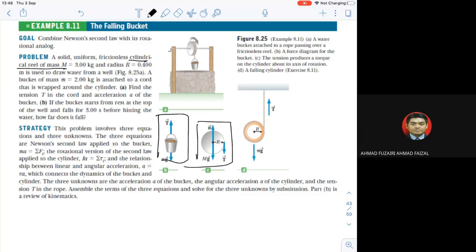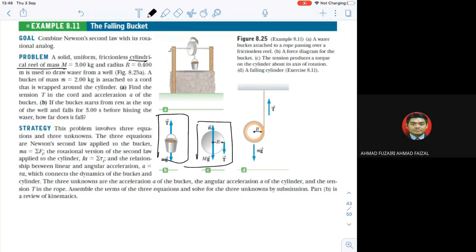But I have to mention that the pulley we did during our force chapters was a massless pulley, so we always ignored the mass of the pulley in the beginning chapters. But in this example, it mentions a wheel, a solid, uniform, cylindrical reel.